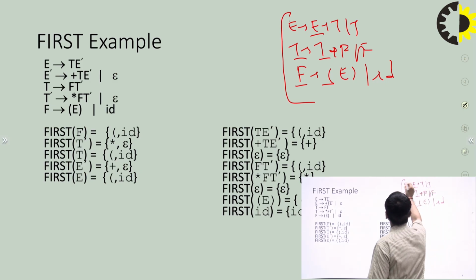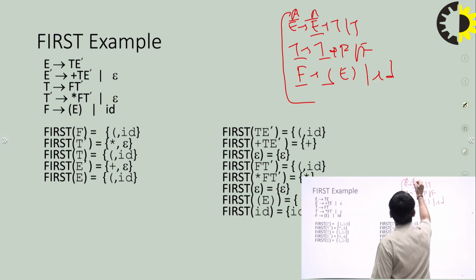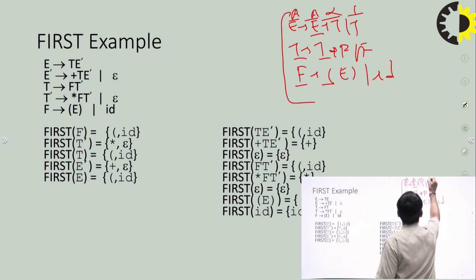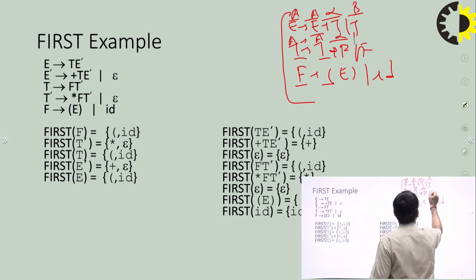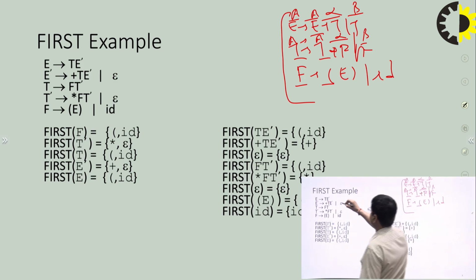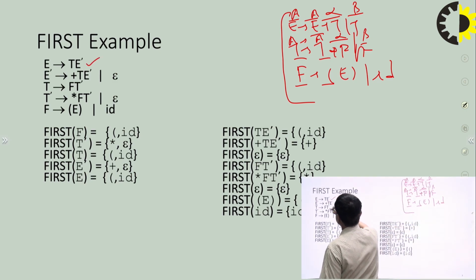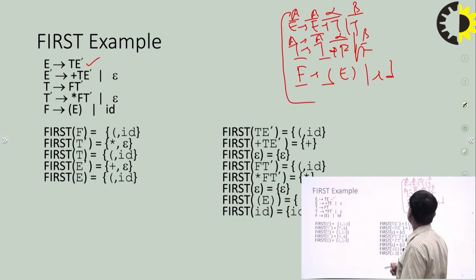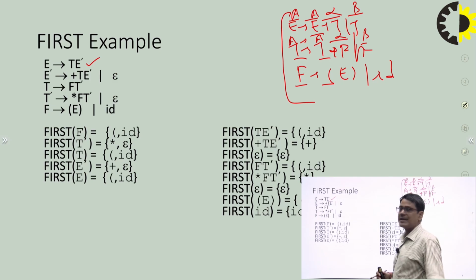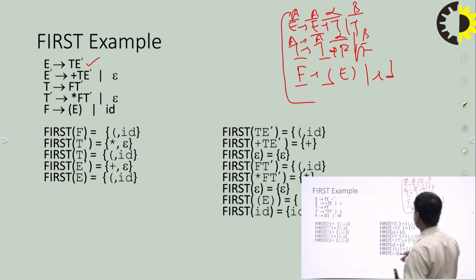If you convert it, you get these productions: E produces T E dash, E dash produces plus T E dash or epsilon, T produces F T dash, T dash produces star F T dash or epsilon, and F produces bracket of E or ID.